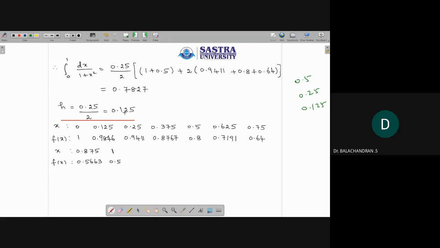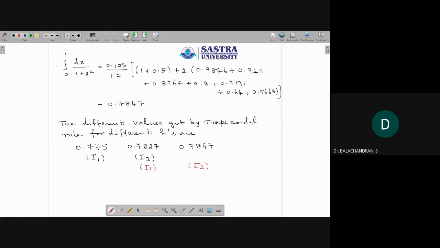So for this h value, again form the table from 0 to 1, write the corresponding f of x values, and as usual apply the trapezoidal rule: first value plus last value plus 2 times the remaining values. I got 3 values: this is the first value, this is the second value, this is the third value.